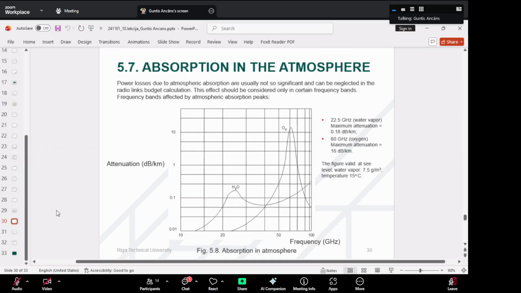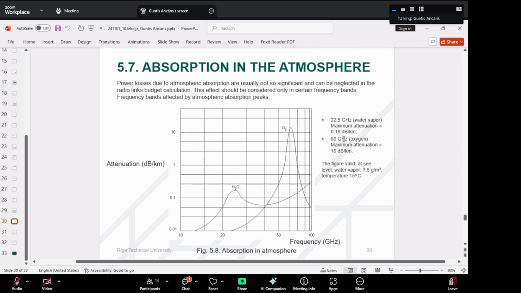Frequency bands affected by atmospheric absorption peaks are provided in this figure. For different frequency bands, here in gigahertz, 10, 20, 50, 100 gigahertz, atmospheric absorption is different.